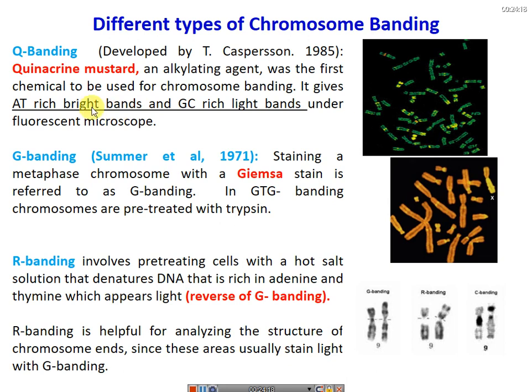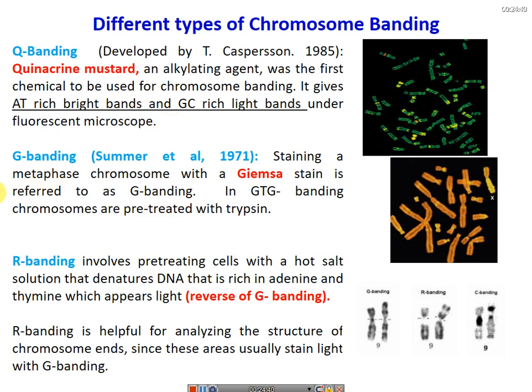AT rich regions give you bright bands, while GC rich regions give you lighter bands under the fluorescence microscope. So this image was taken under the fluorescence microscope. In different kinds of banding, you use either fluorescence microscopy or bright field microscopy to observe the banding pattern.